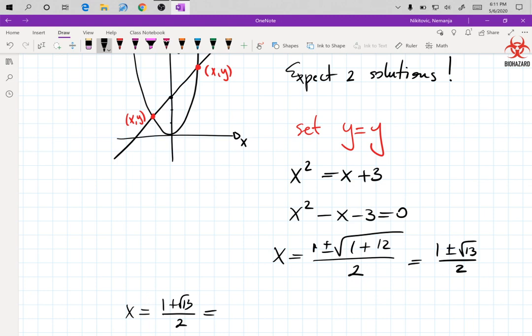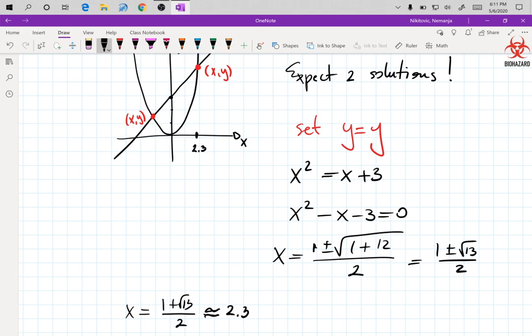One is enough for these problems. So 1 plus square root of 13 divided by 2, and we get about 2.3.